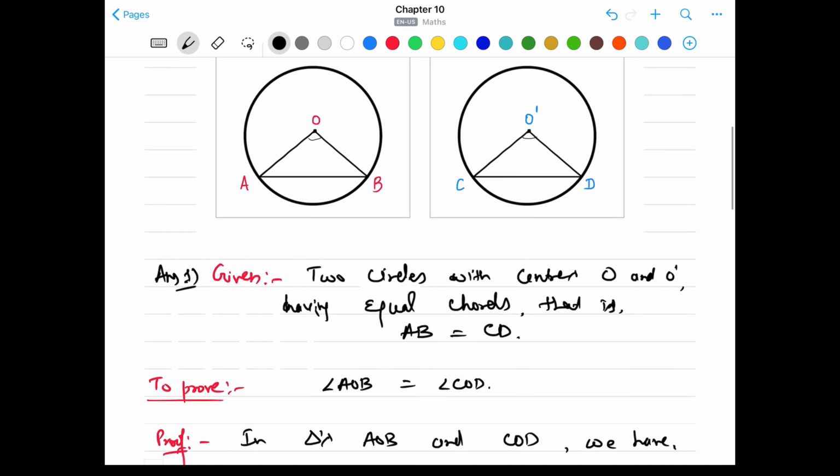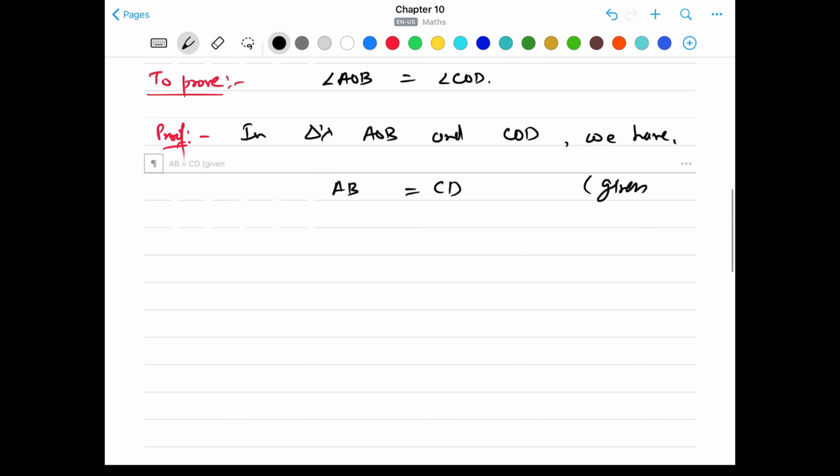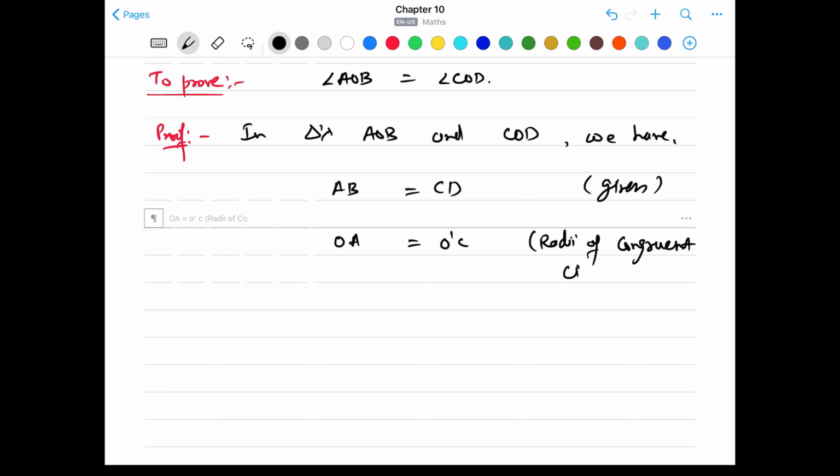Then we have side OA is equal to O dash C, because they are the radii of congruent circles. Here we'll not write same circle, we'll write radii of congruent circles. Since they are the radii of congruent circles, they will be equal.